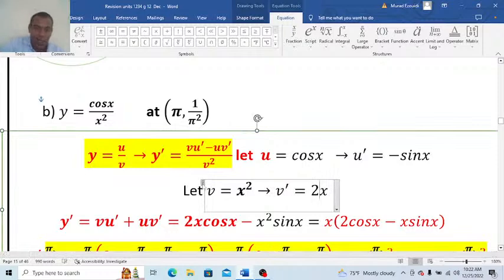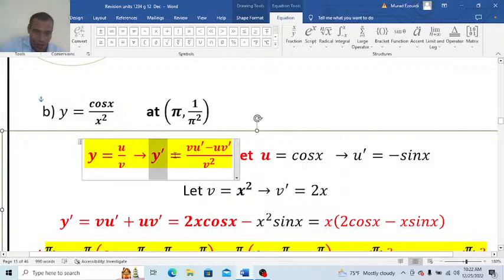Now if we are going to find the equation of the first derivative of the function, we are going to do it like that: y dash.